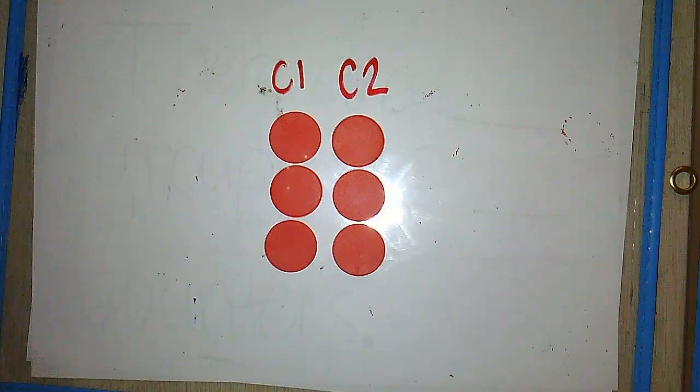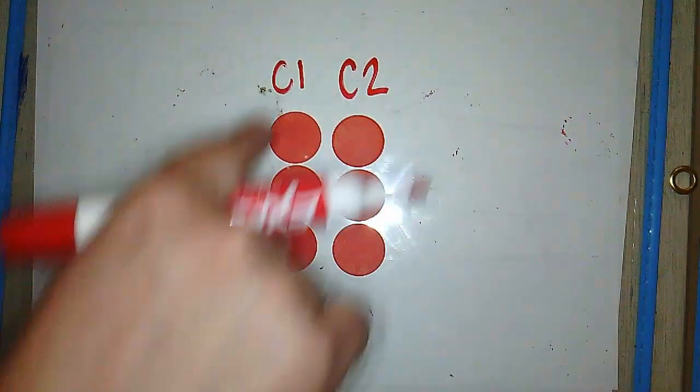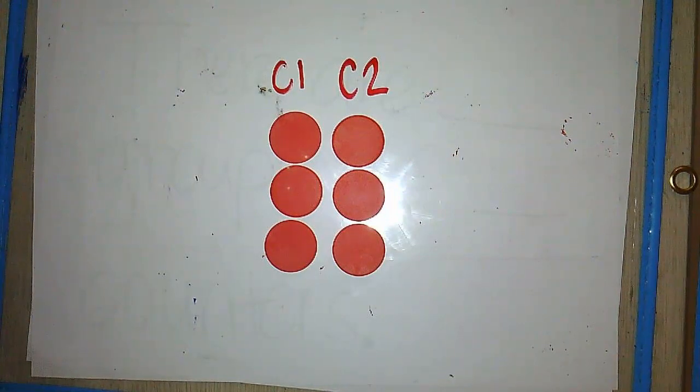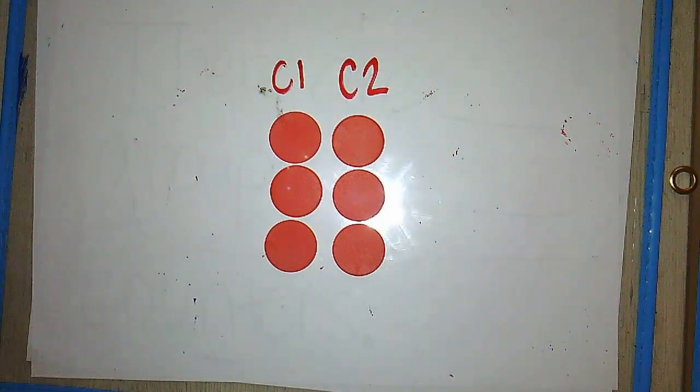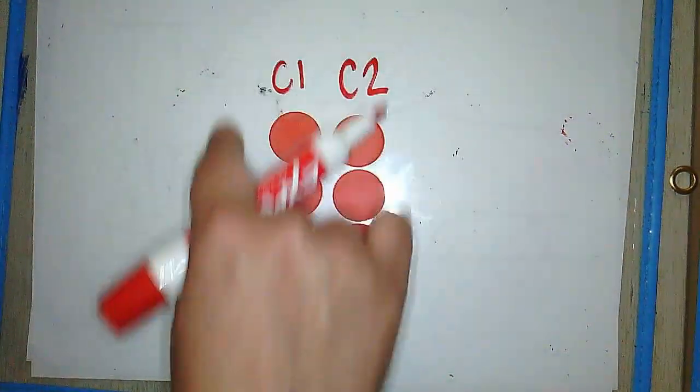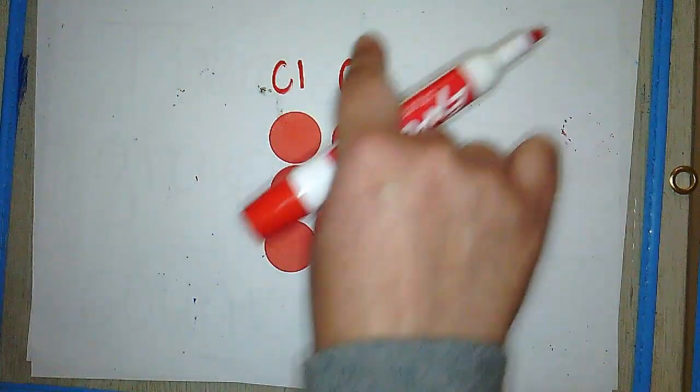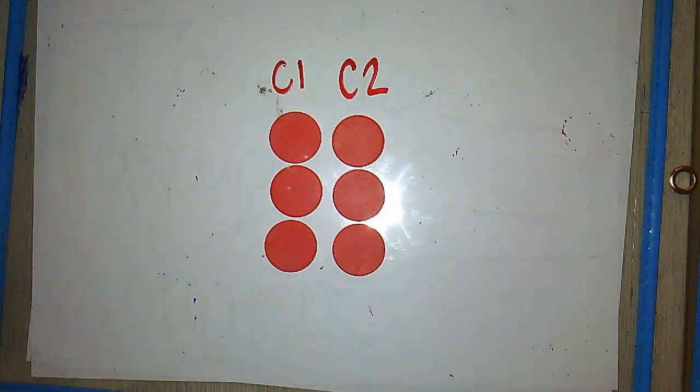How many counters are in each column? Yes, 3. So there are 2 equal groups of, yes, boys and girls, 2 equal groups of 3.